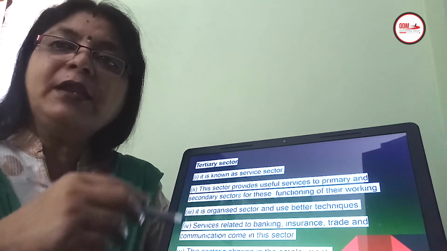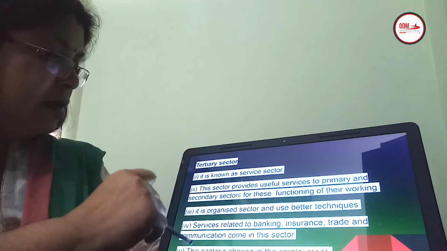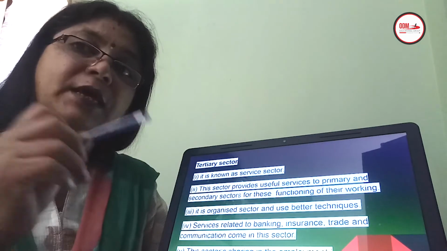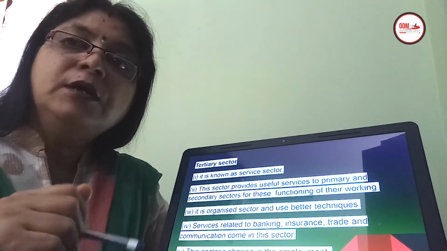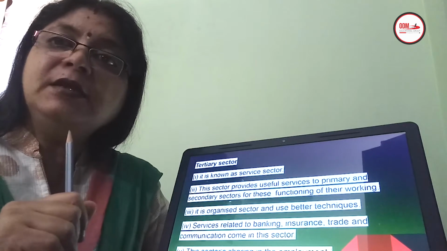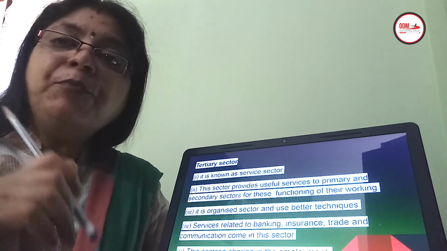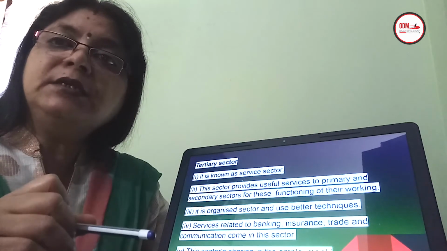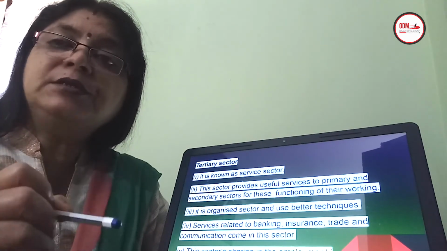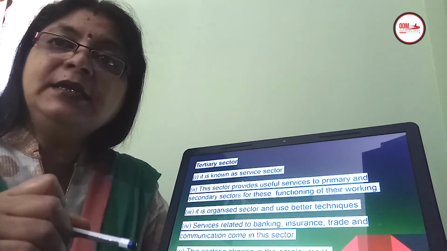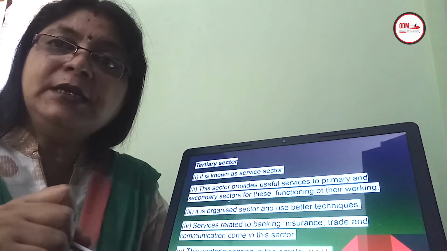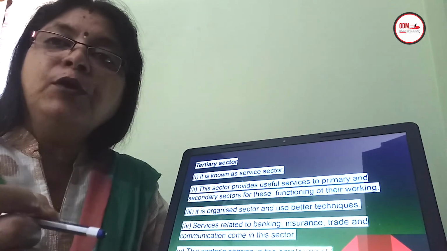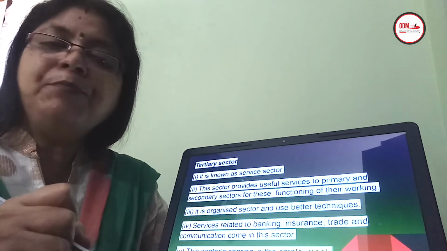So these people come under the tertiary sector. This sector also shares a large part of employment because in the 21st century, maximum importance is given to the tertiary sector. Maximum employment is generated by developing new industries like the IT sector, ICT, information communication technology and call centers. These new services have given maximum employment to people.